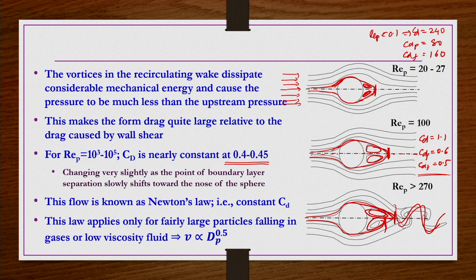Under these conditions, if you derive the terminal velocity, you find that V is proportional to dp power 0.5. Under small Reynolds number conditions, we have seen that the terminal velocity V is proportional to dp square. Under large Reynolds number conditions, V is proportional to dp power 0.5.